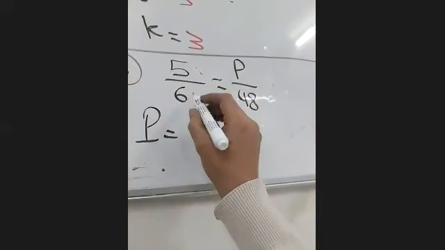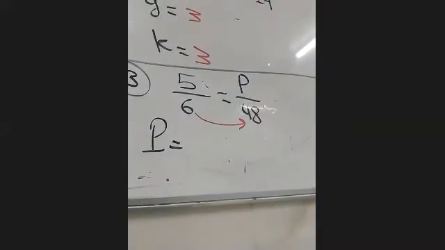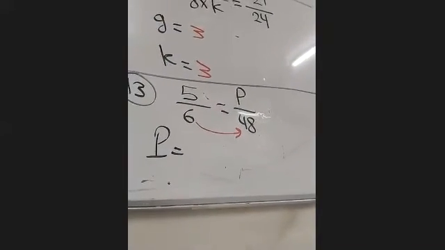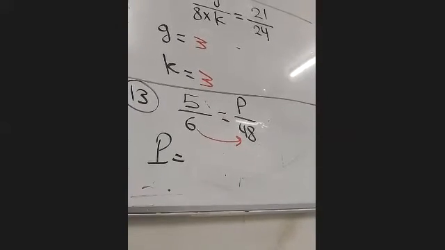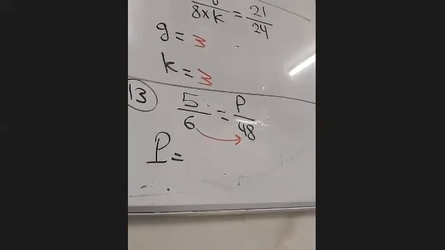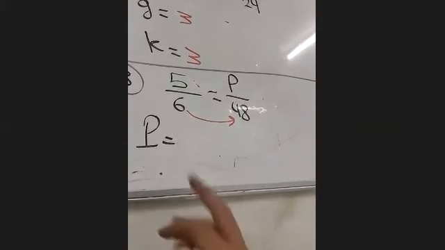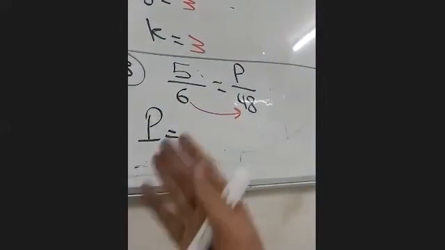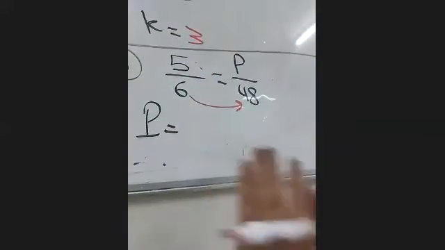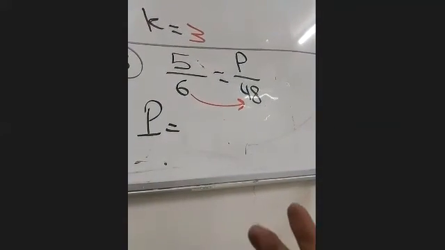How does the 6 become 48? By 4 multiply... where is the 4? Where did you get the 4 from? 6 multiply 8. Sorry.